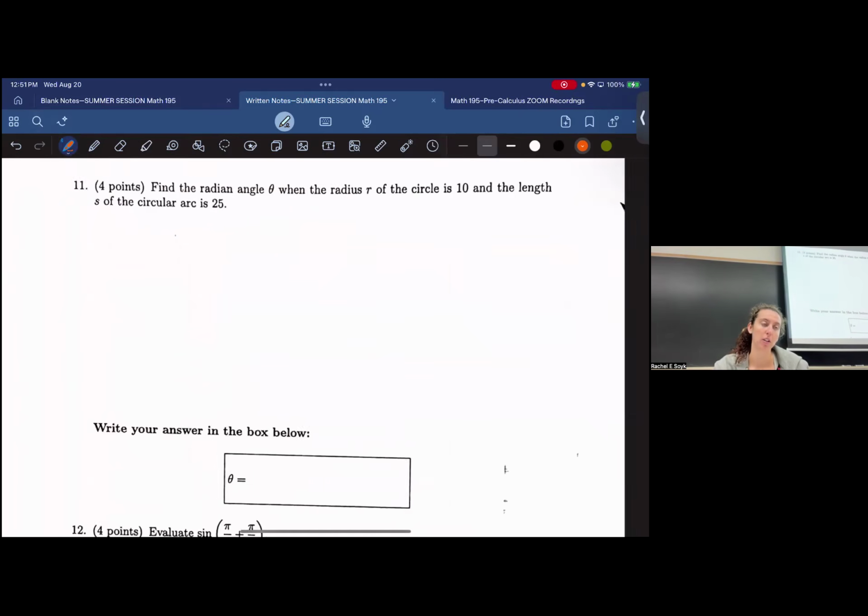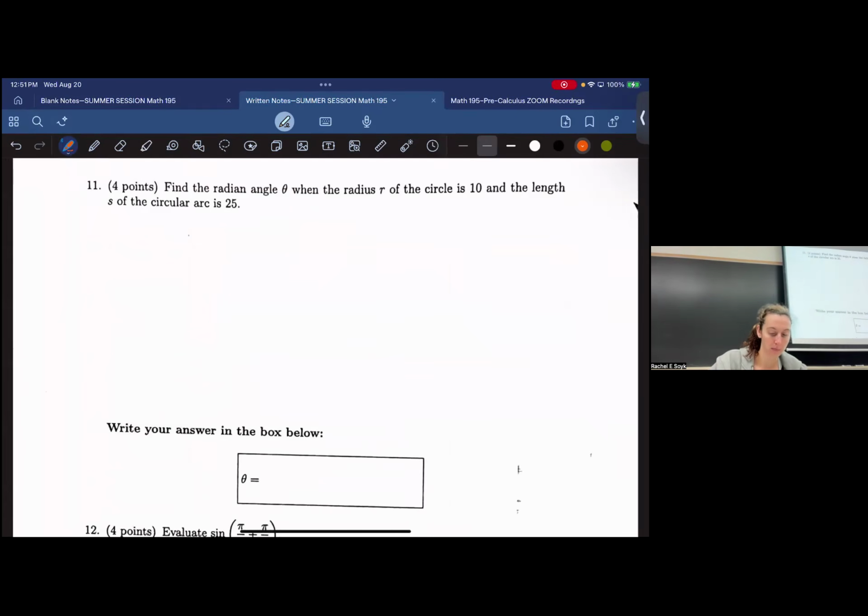Question 11. We're dealing with finding our angle theta when we have a radius and our arc length. So our formula for that is theta is equal to S over R, arc length over our radius.